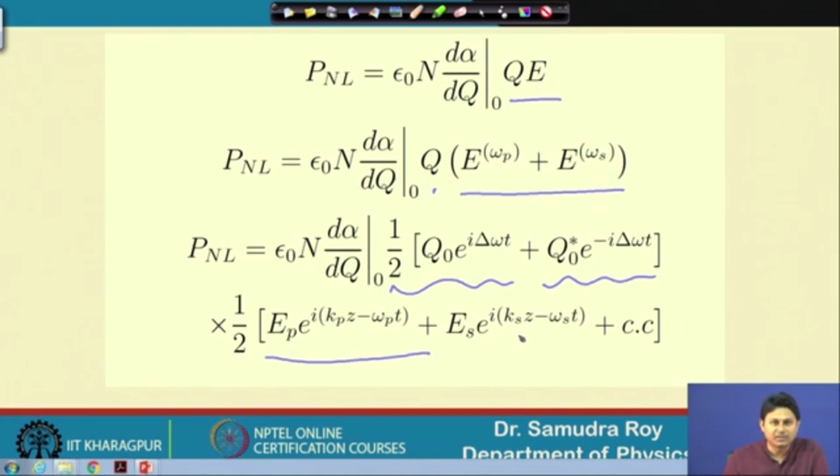So, I write the total form of Q, I write total form of E, and then I am going to multiply that. Before multiplying, you should note how many different frequency components P nonlinear should have. Here we have delta omega, and when it is multiplied with EP, we have omega p.